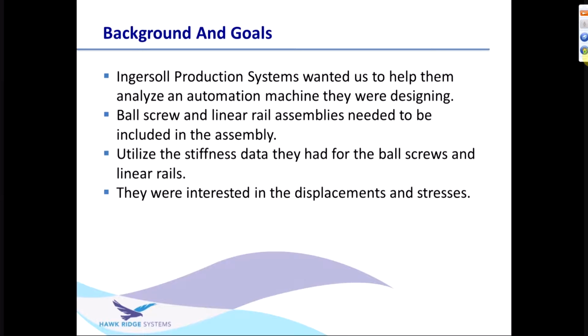They already had set up a study that treated these assemblies as perfectly bonded, and now they wanted to see how their design performed if they account for the stiffness data that they had for the ball screws and linear rails.